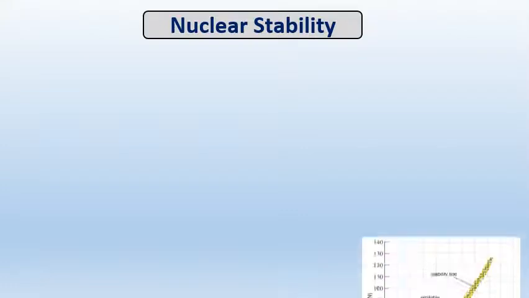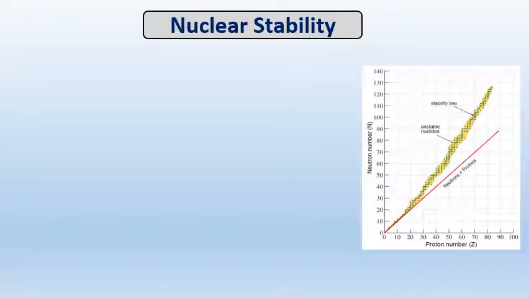Here we have a diagram that studies nuclear stability. The ratio between the number of neutrons and the number of protons determines whether the element is a stable or unstable nucleus.